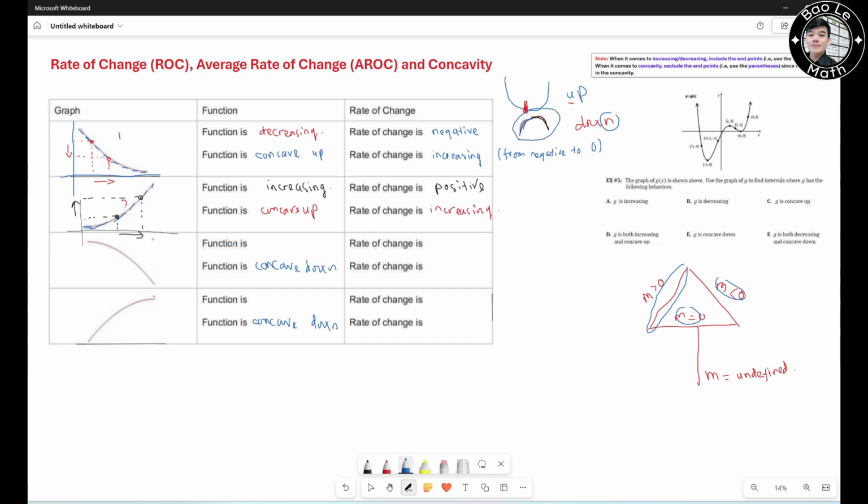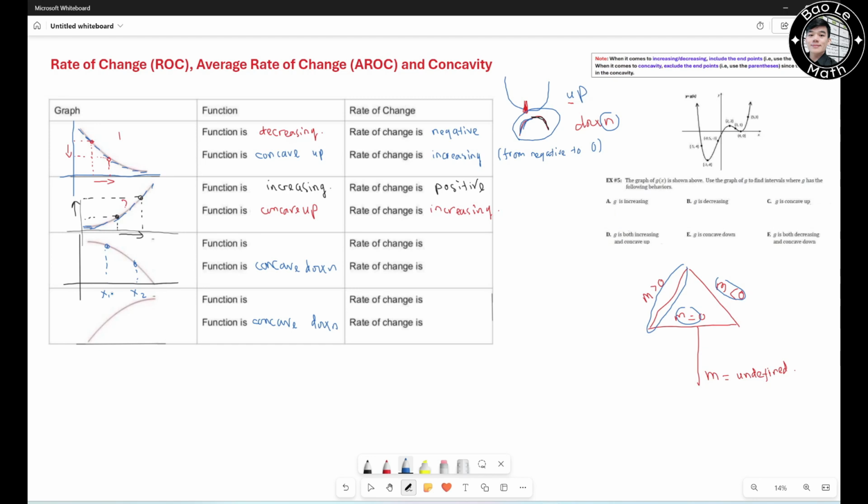Now we need to understand if the function is increasing or decreasing. So we're going to sketch x and y coordinates. We're going to pick 2 points right here and right here. The first point right here, this is S1. The second point, S2.